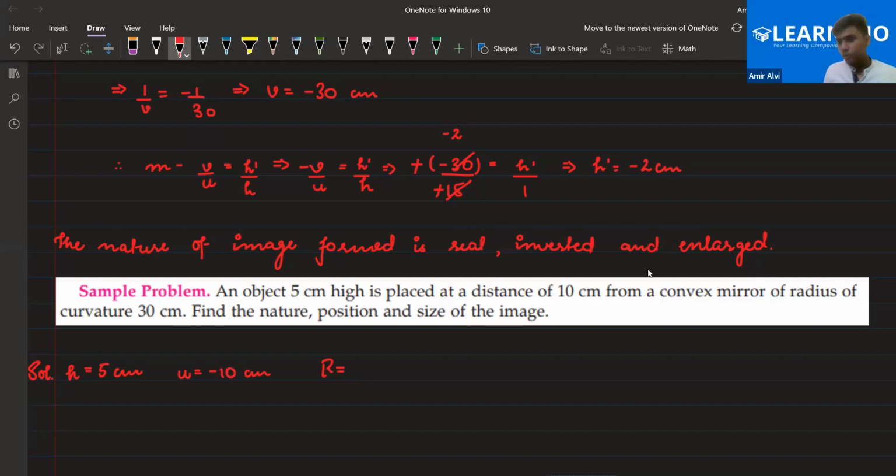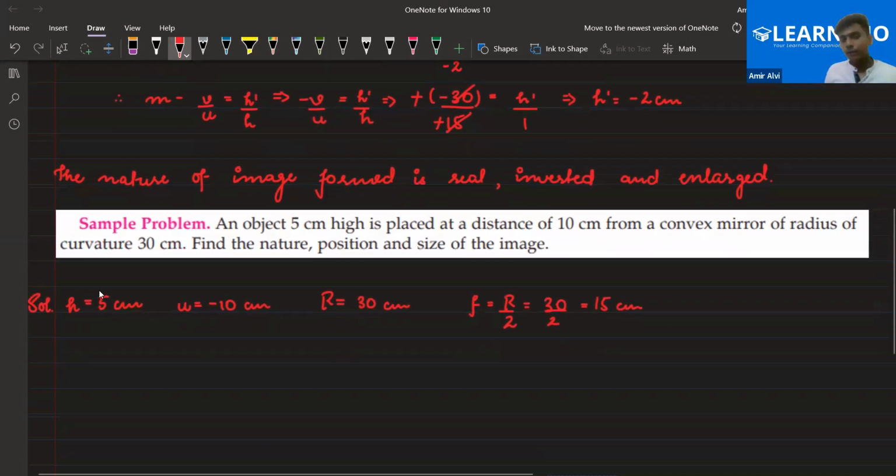For a convex mirror, the focal length will be positive because the image is formed behind the mirror. The relationship between the focal length and the radius of curvature is f equals r by 2, so it is 30 by 2. The focal length of the convex mirror is 15 centimeter.